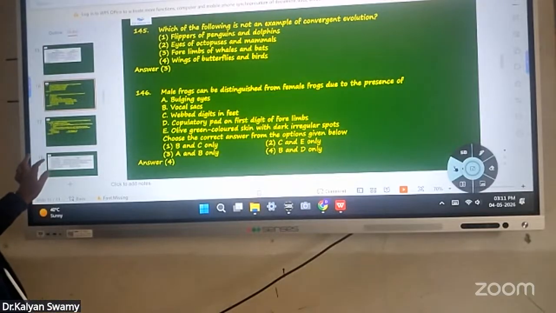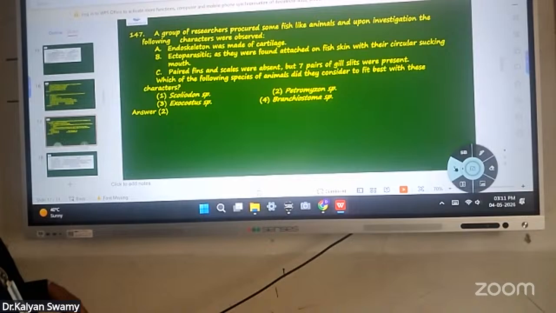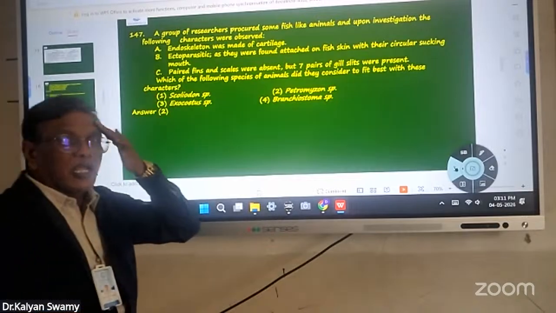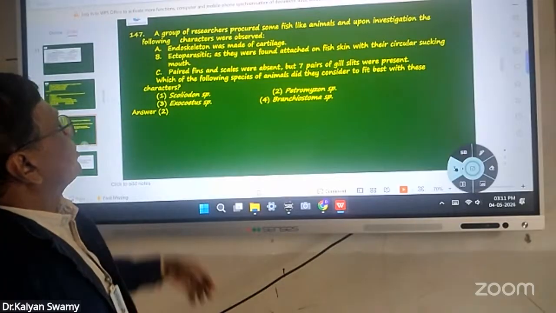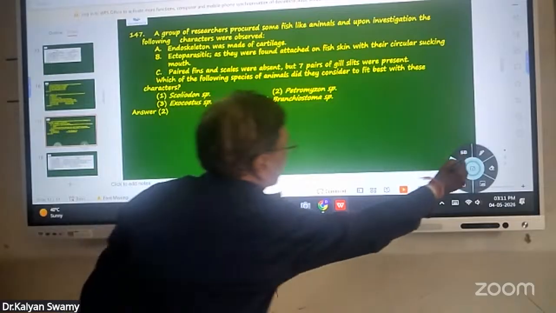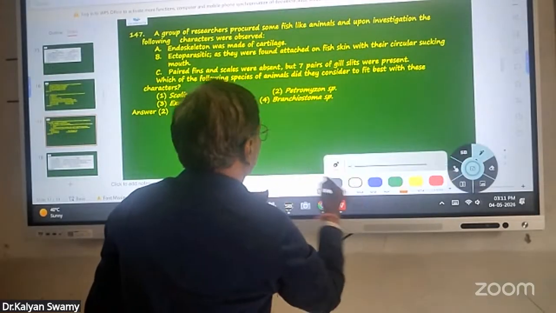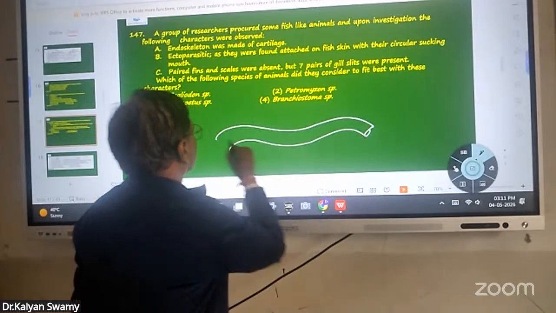Like in this way you can do. The next question comes, a very outline question, a research and understanding type of question. Here, a group of researchers procured some fish-like animal. What is this animal? Everybody knows.